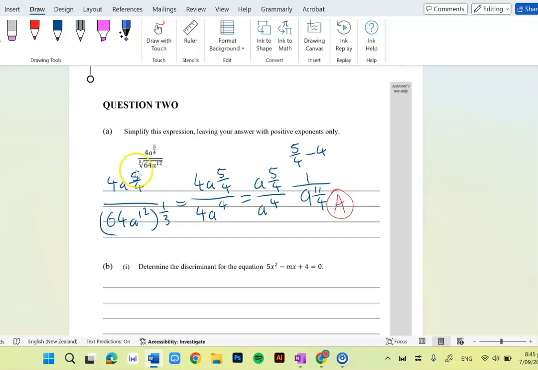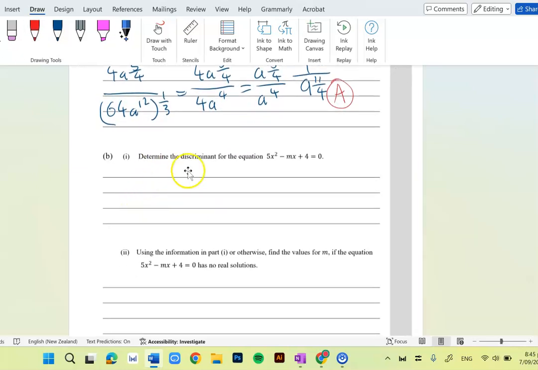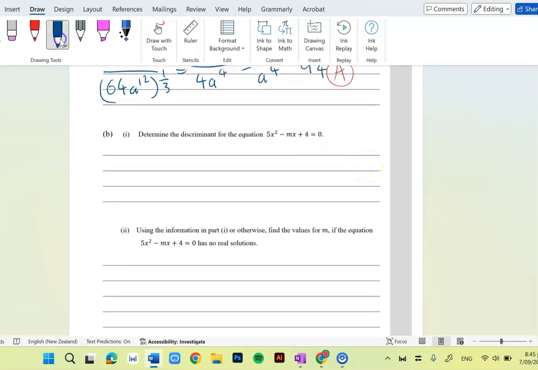Okay, next question. Determine the discriminant for the equation 5x squared minus mx plus 4 equals 0. Okay, so the discriminant equation is b squared minus 4ac. A is equal to 5, b is equal to negative m, and c is equal to 4.